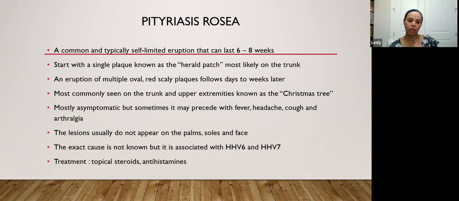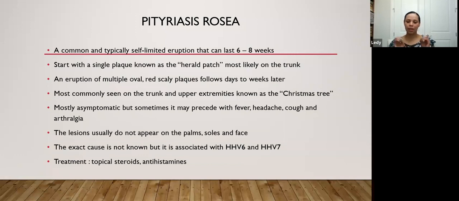So my treatment is usually, I ask, is the kid itchy? If they tell me yes, I will send a topical steroid and antihistamines. If the mom tells me no, they're perfectly fine, I tell them, honestly, this rash is going to go away. But it's really important that you explain how long it's going to take, because sometimes they expect this rash to go away within a week, but no, this rash could linger for 6 to 8 weeks.